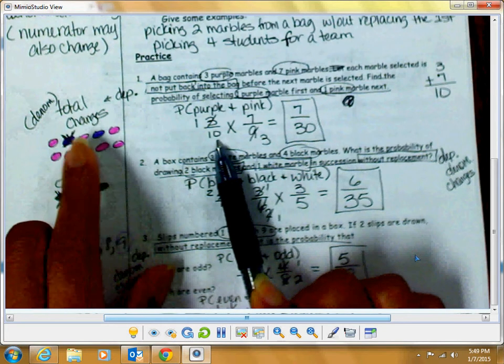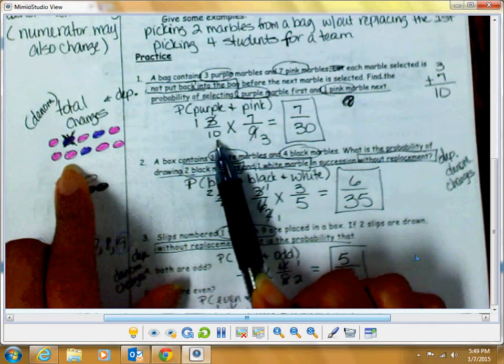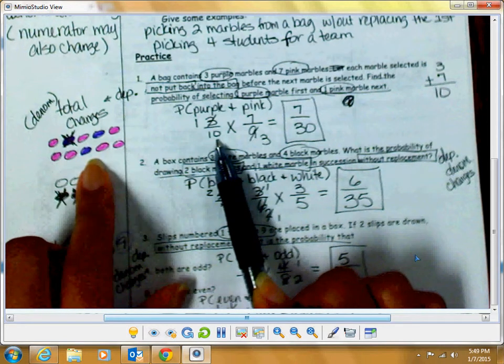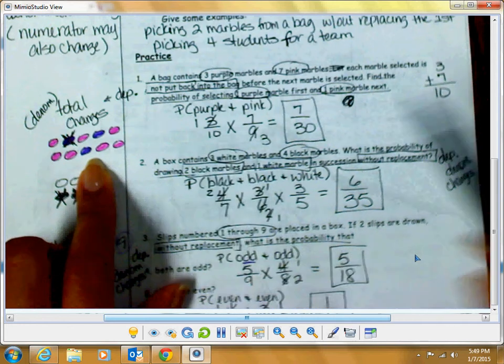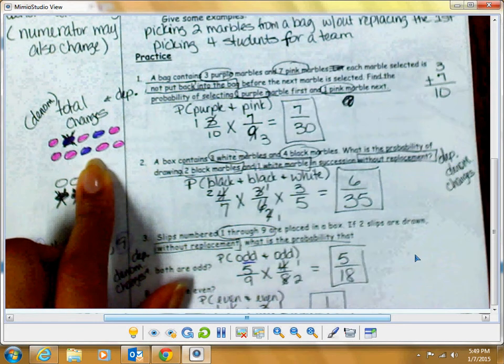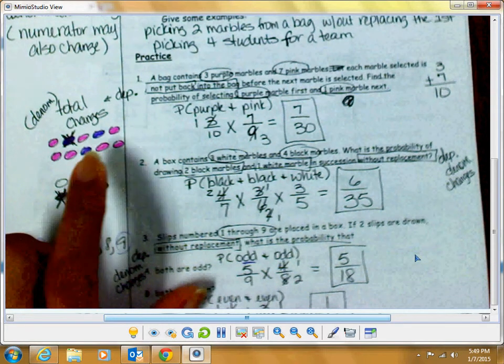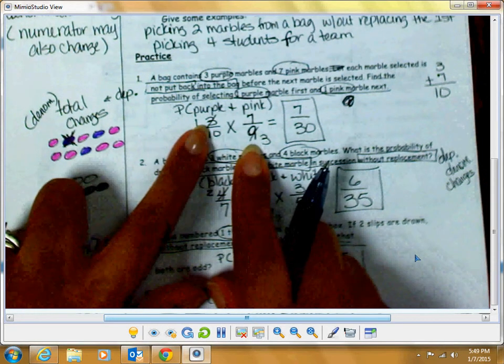So when we look at this, I still have all 7 pinks. But now there's only 9 total marbles to pull from. So that's why we had 7 ninths here. And since I simplified first, I took the 3 and the 9 and divided them both by 3.